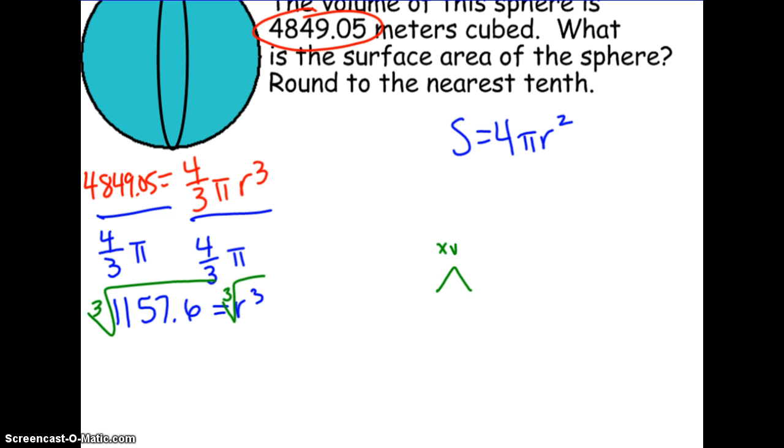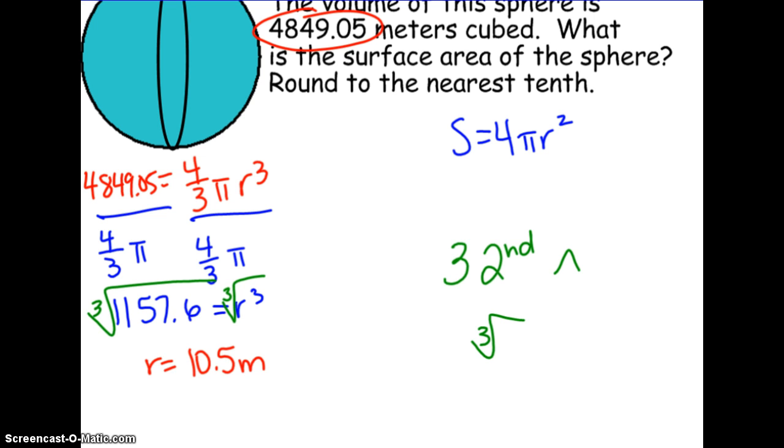And right above it in green, you'll see this symbol. Because it's in green, it means we have to use the second button. So we're going to hit 3, then the second button, and then this button. And what should appear on your calculator is this little symbol with the 3 inside the square root. So the cubed root of 1,157.6 gives me a radius of 10.5 meters.